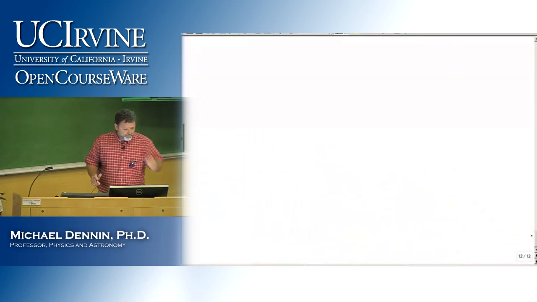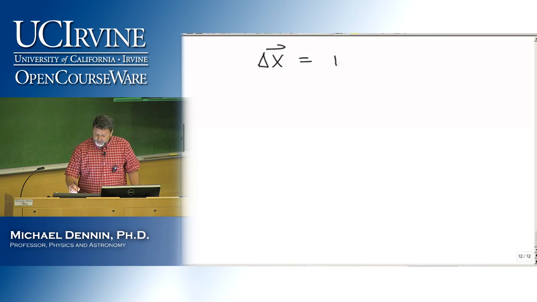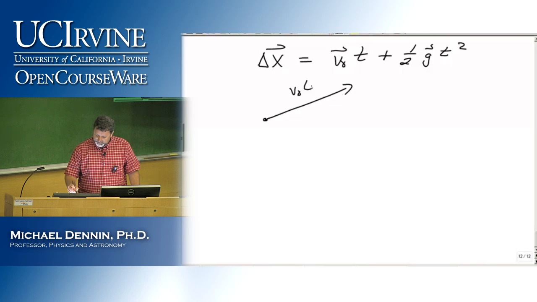So let's set up this problem. Since we want to know how far it goes, that's part of the displacement vector, so that's what we're going to draw first, this vector equation. To draw it, we have a v0 t. Remember, 1/2 gt squared is always vertical.